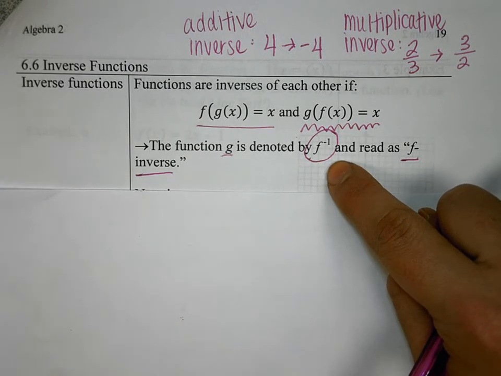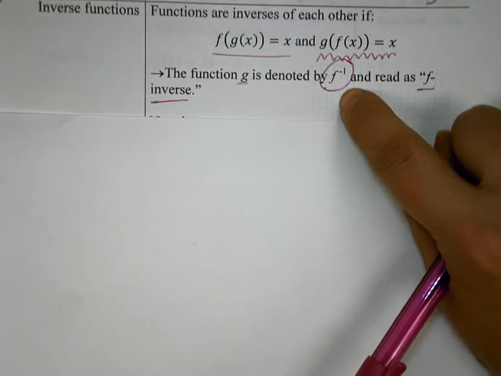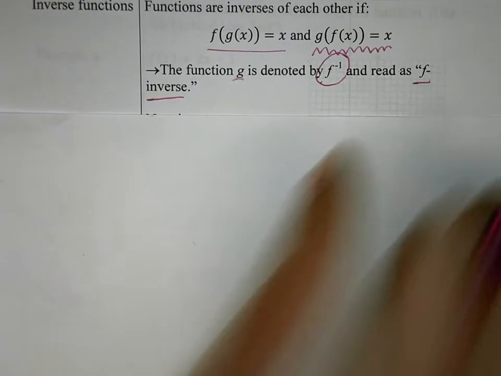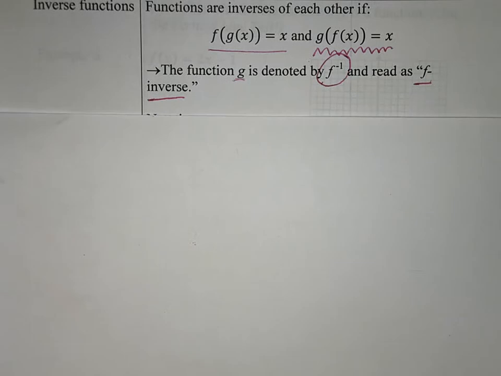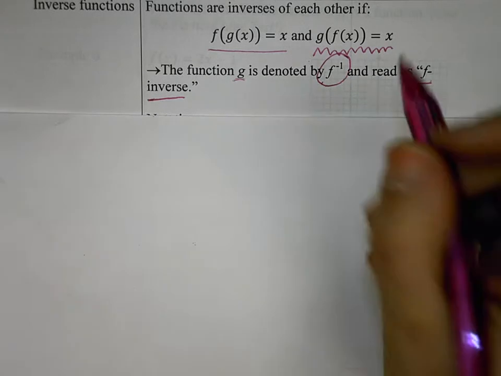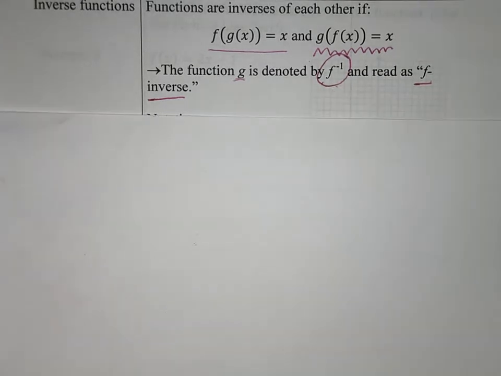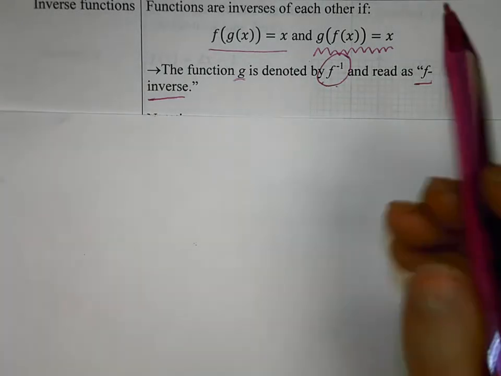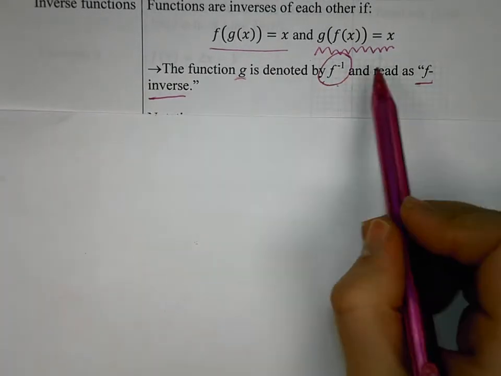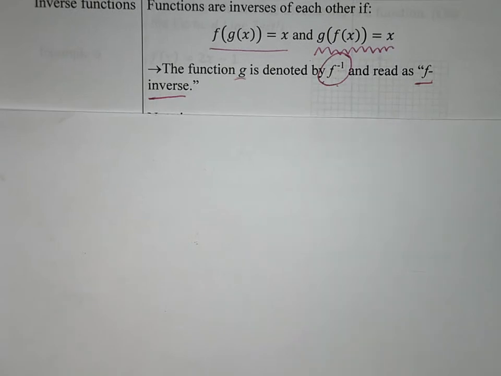It indicates that the function is an inverse. Okay, so we don't have to move it down to the denominator. We don't have to flip it at all. This is just the type of notation for explaining that that function is an inverse. Okay, so we read it as f inverse. This is not acting as an exponent in this case. It's just a notation.